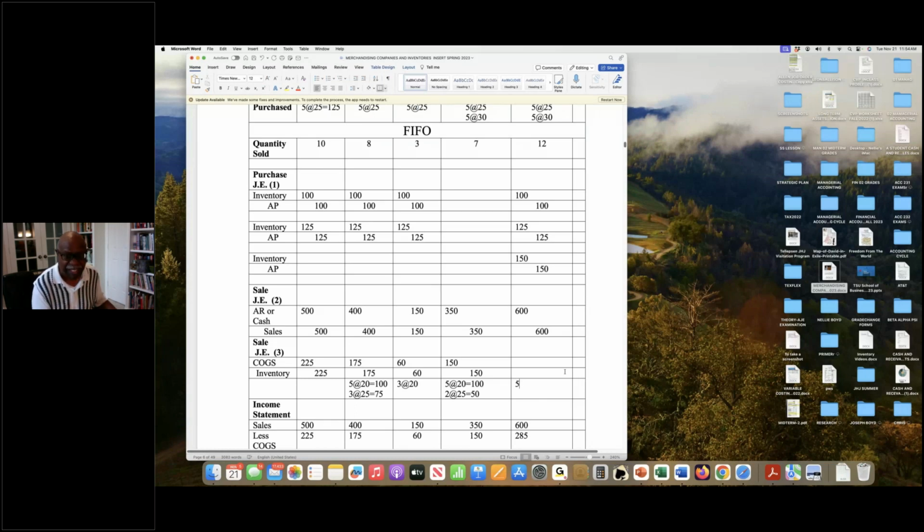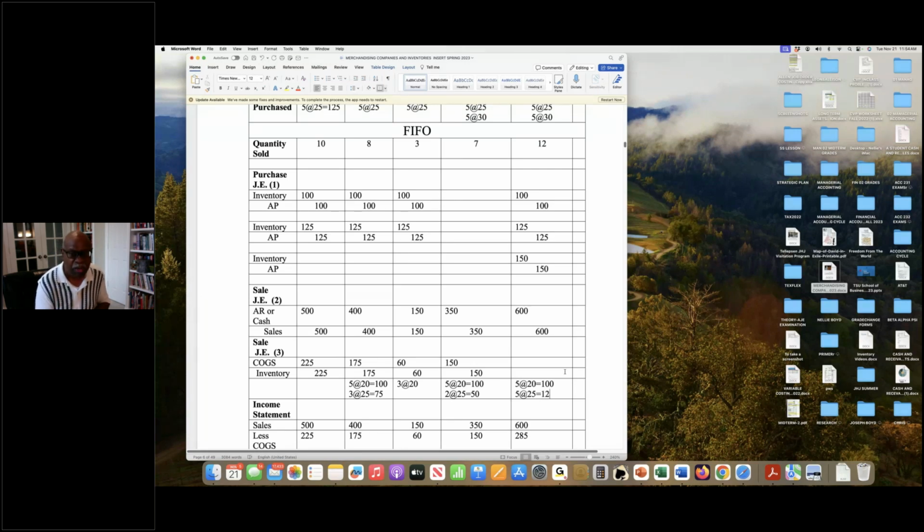at 20. Then we also sold all the 5 at 25. So that would be 125.